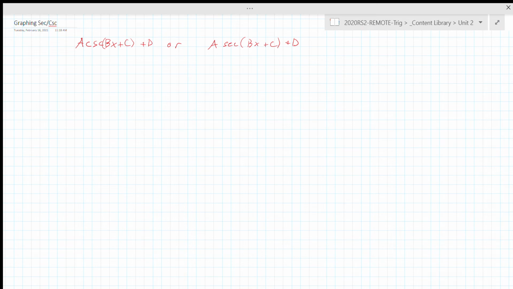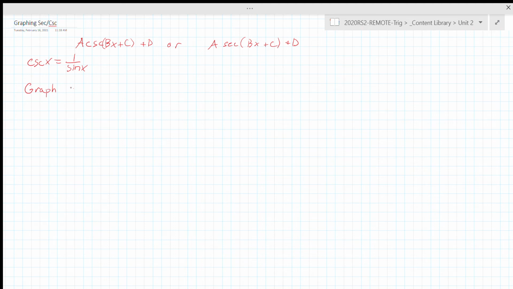And since you guys prefer sine over cosine, we'll start with cosecant, because cosecant is like the related function to sine. So first I want to remind us that cosecant of x is just 1 over sine x. So when graphing cosecant, we're going to be using sine quite a bit.